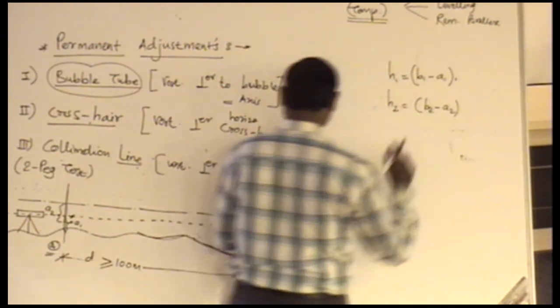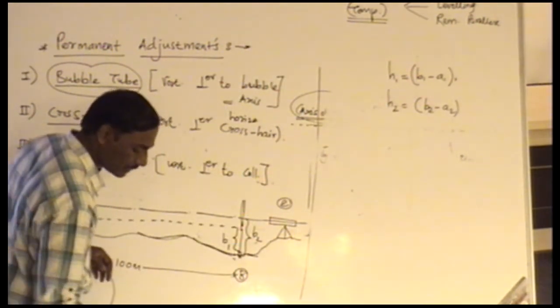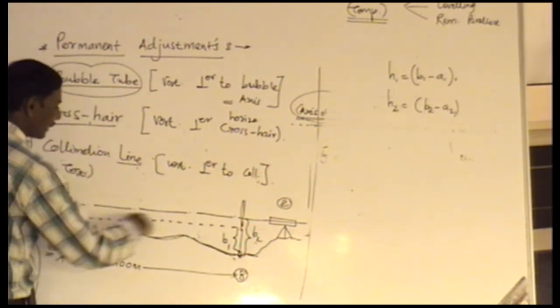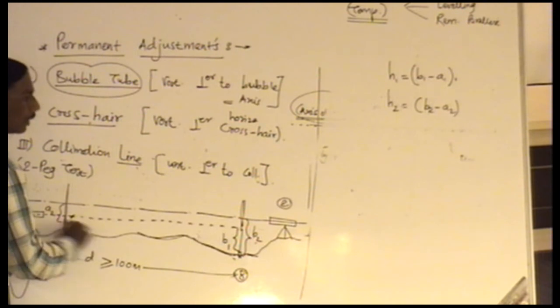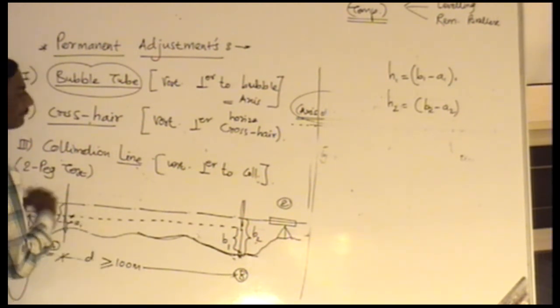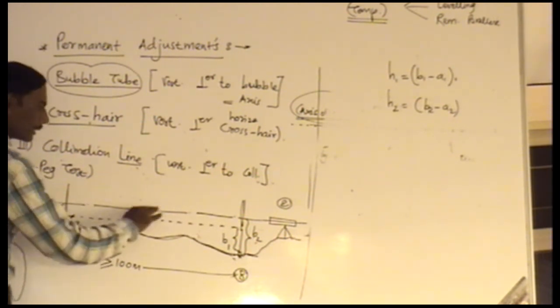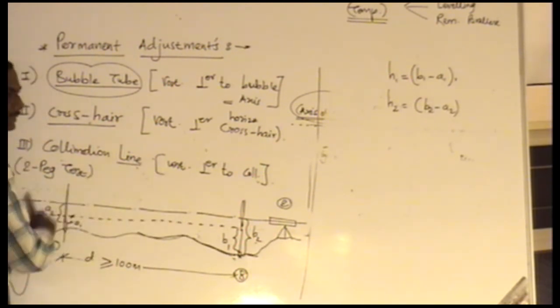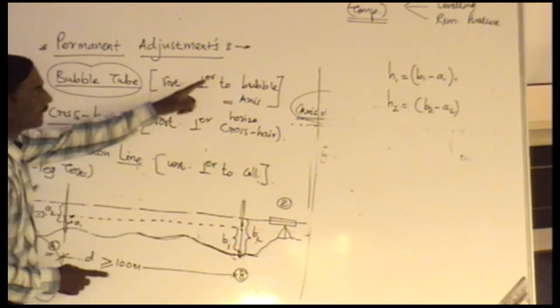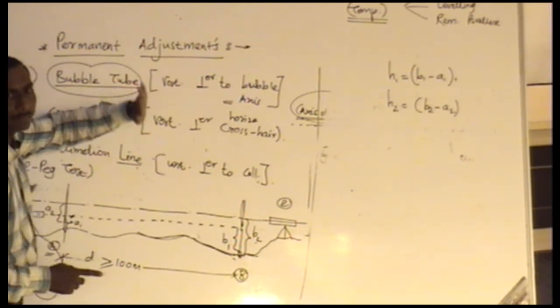And if the line of collimation, the horizontal line of sight, has no error, maybe because of the collimation error, curvature of the earth, or refraction error, if it goes through straight, not down or up, then the difference between the first setup and second setup, which are called H1 and H2, will come out to be the same.